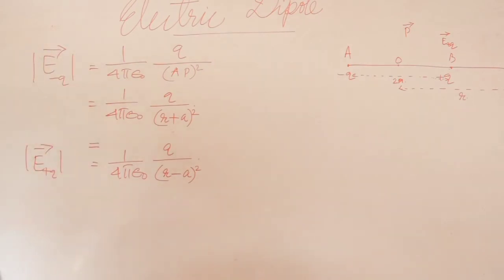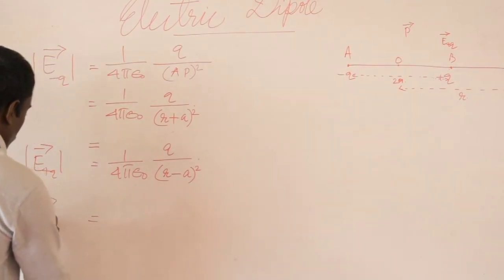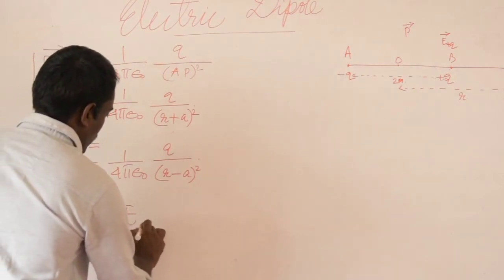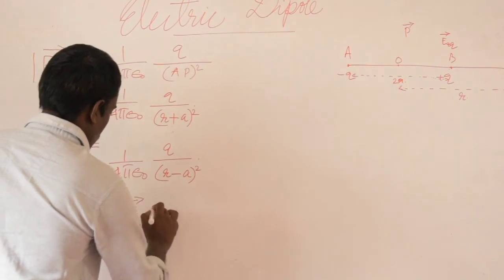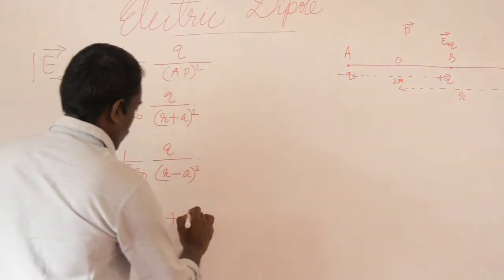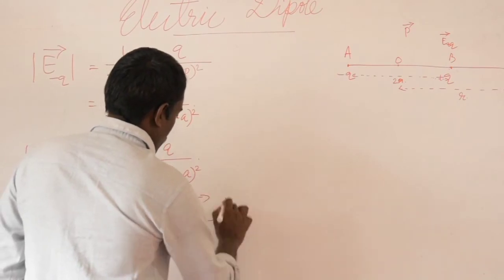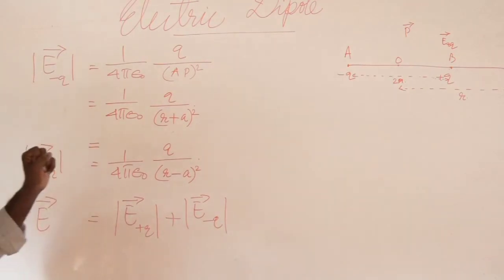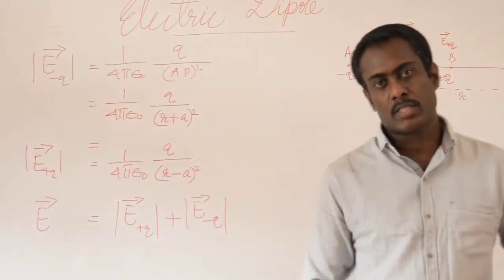So the net field E can be written as the magnitude of the field produced by the positive charge plus the magnitude of the field produced by the negative charge. This vector sum will give the resultant electric field produced at the point P.